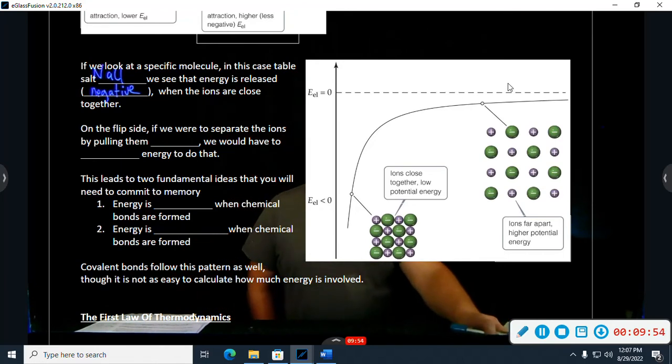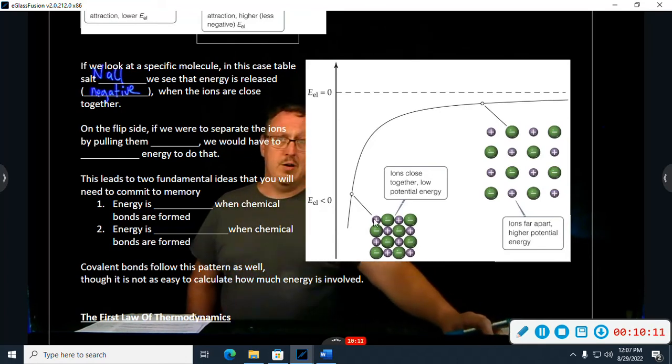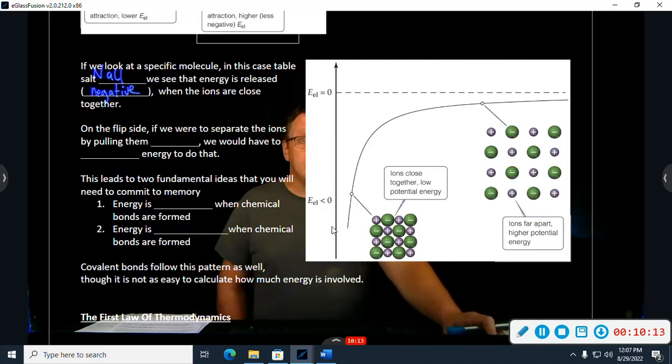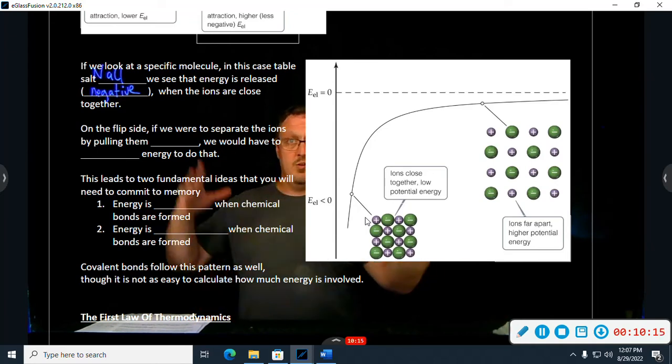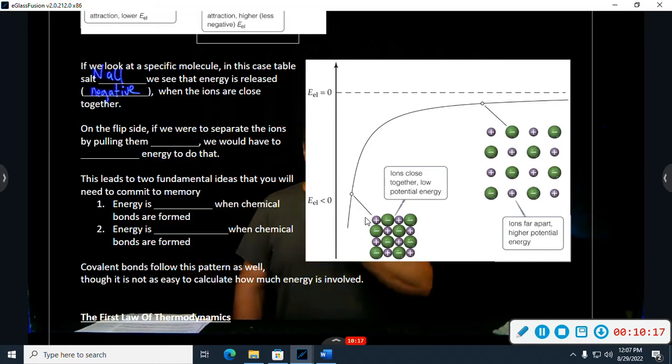So if we look at this graphic, and you can't see my finger behind it, so I'll use the mouse pointer. Here we are, those charges are further apart and they're at higher potential energy. But as we bring them together, they have a lower potential energy, which means they're lower in energy, they release more energy to the area around them, and so that's a decrease in overall energy of the system because those particles can mash together and hold themselves together.